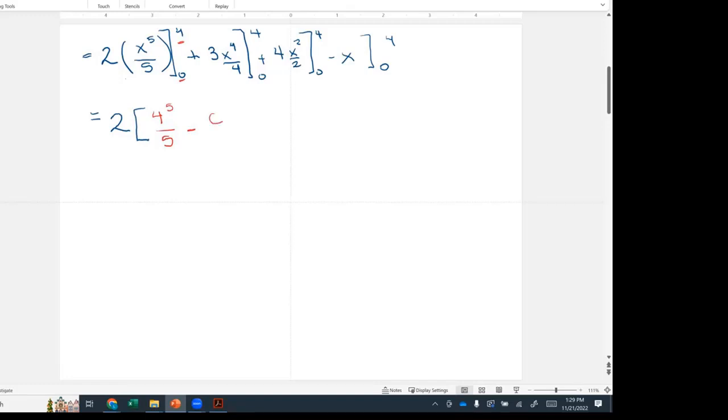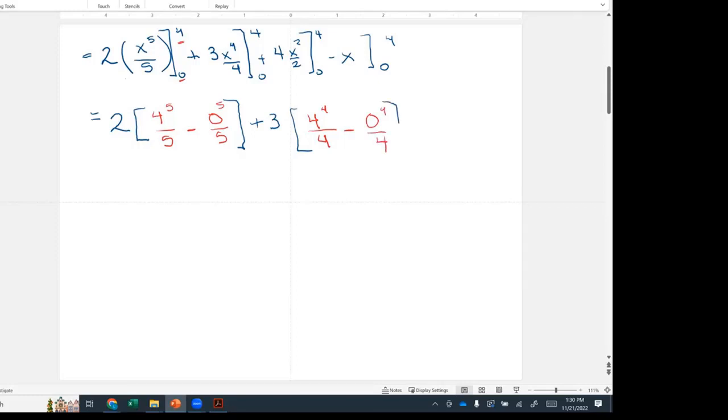So I have 0 to the 5th power over 5. And then I have plus 3 times 4 to the 4th power over 4 minus 0 to the 4th power over 4.